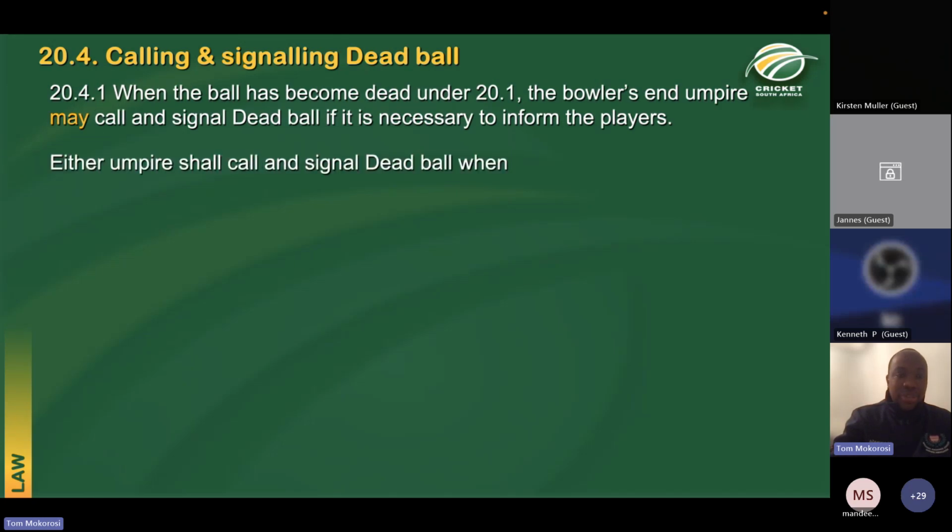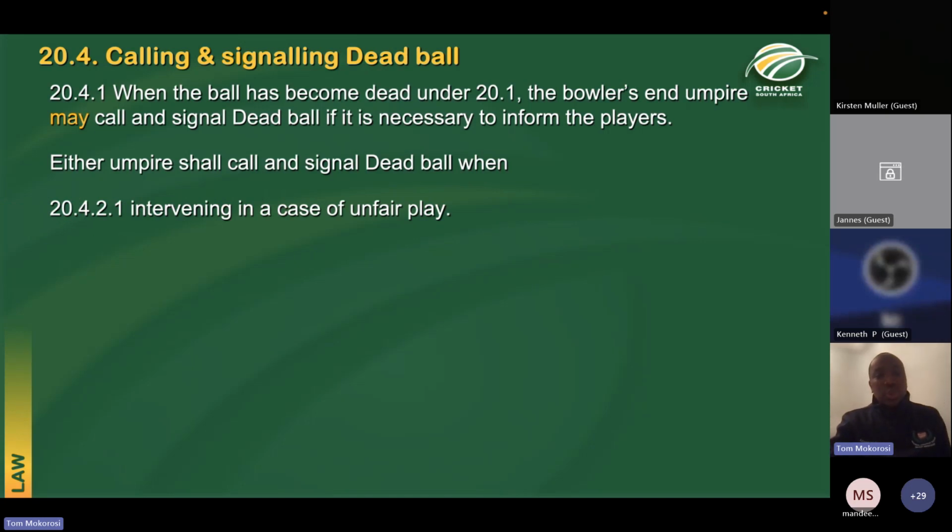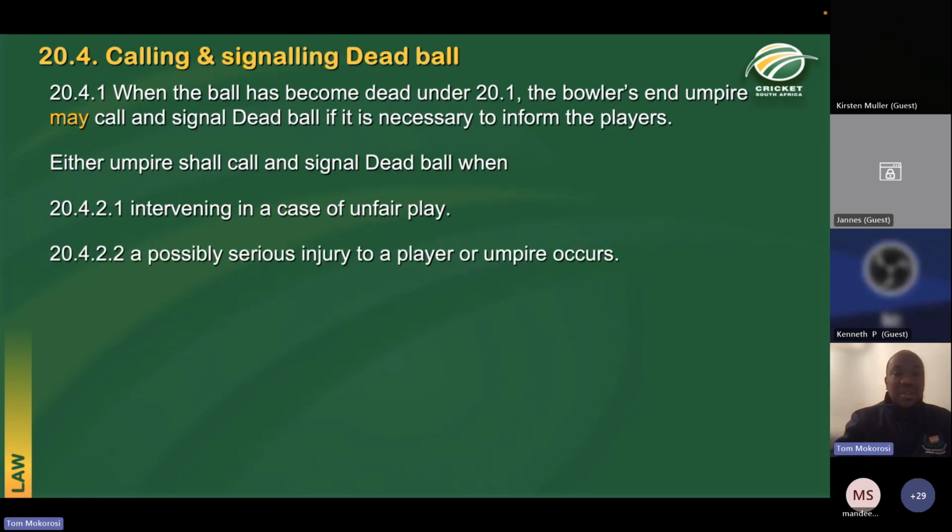So we've covered when the ball becomes automatically dead. Now we're going to go into when we shall call and signal dead ball. The law tells us we need to call and signal dead ball when intervening in a case of unfair play.